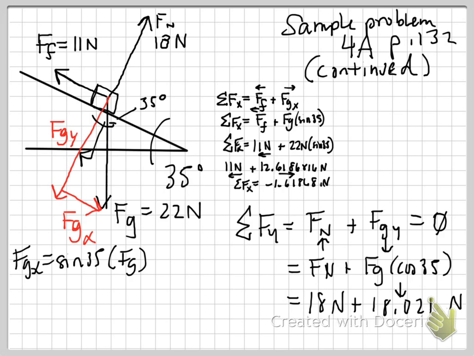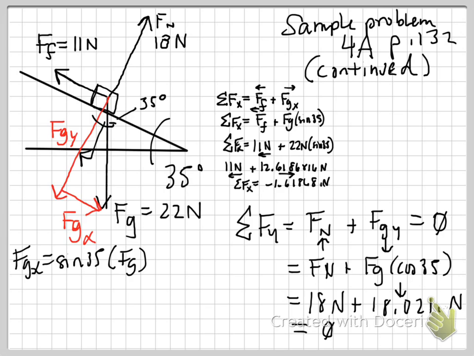18.021, etc. newtons. So what your book does is actually to round that to 18 before it gets there. So they say, oh, these are equal. It's 18 and 18. So sum of forces on the y is equal to 0. We'll do that here because otherwise this book would be sinking down through the table, and it's not.